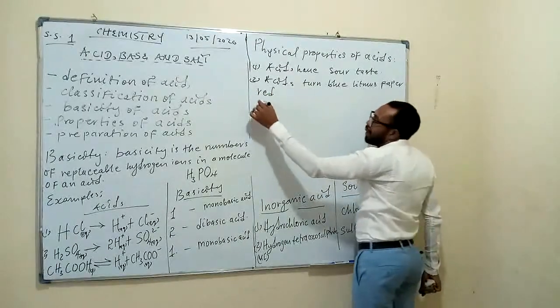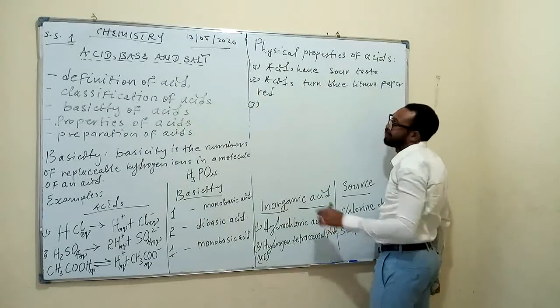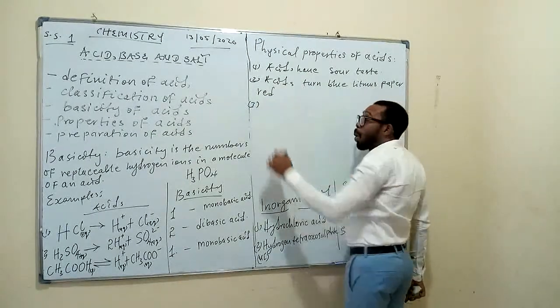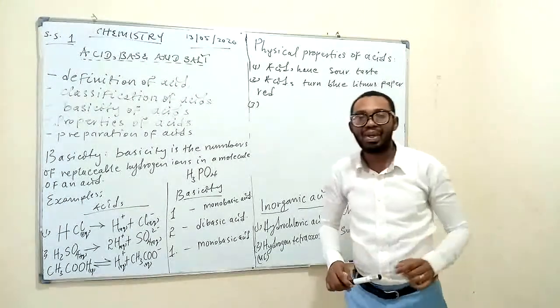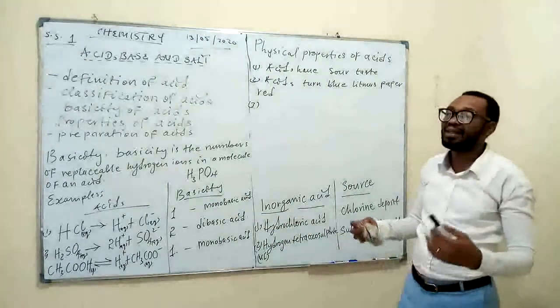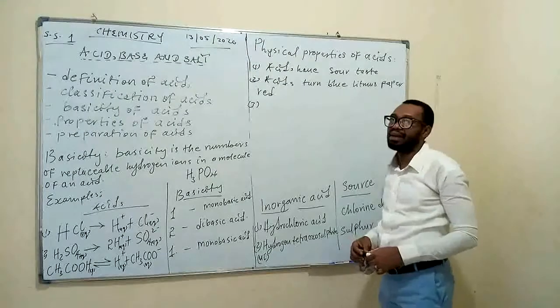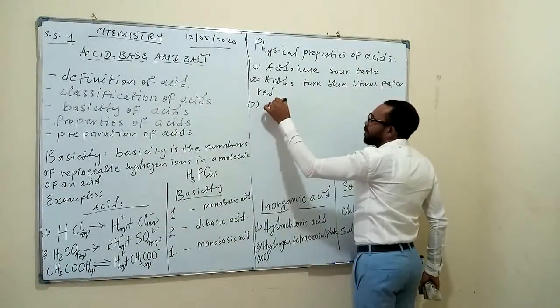Isn't it? And then the third property of an acid is that they are corrosive. In other words, they can burn the skin. So concentrated strong acids burn the skin as they are corrosive. Right?